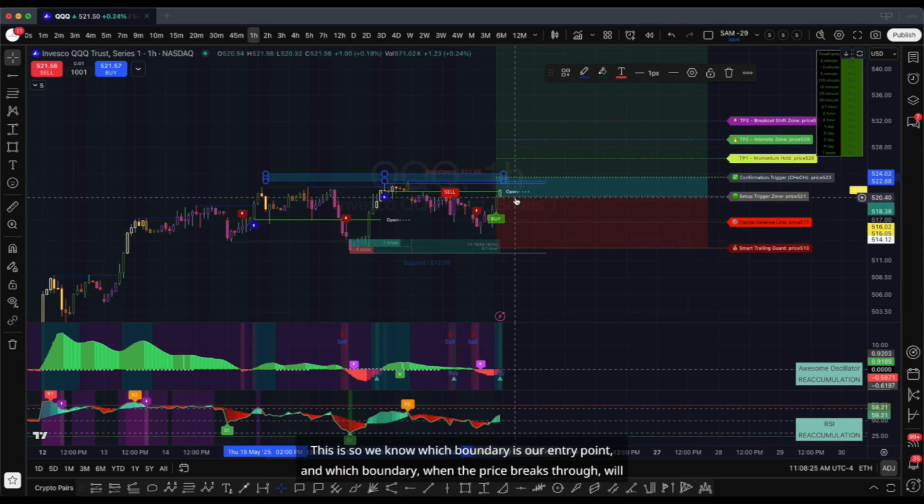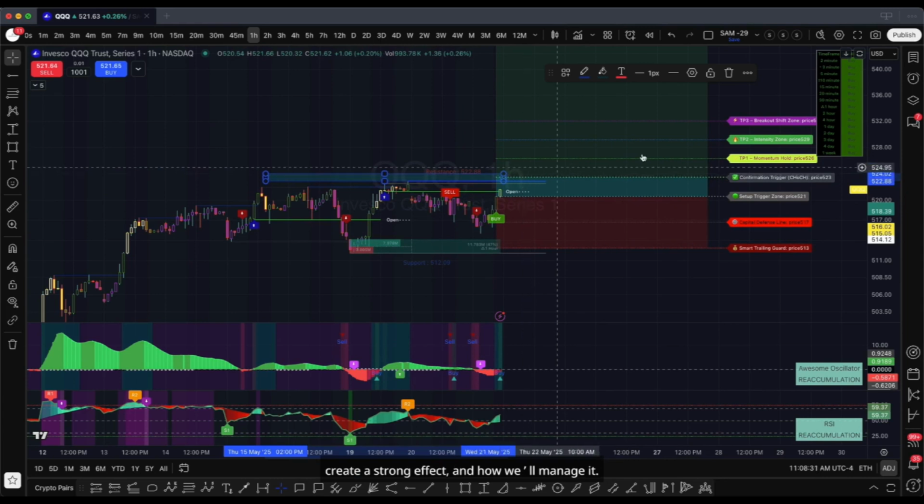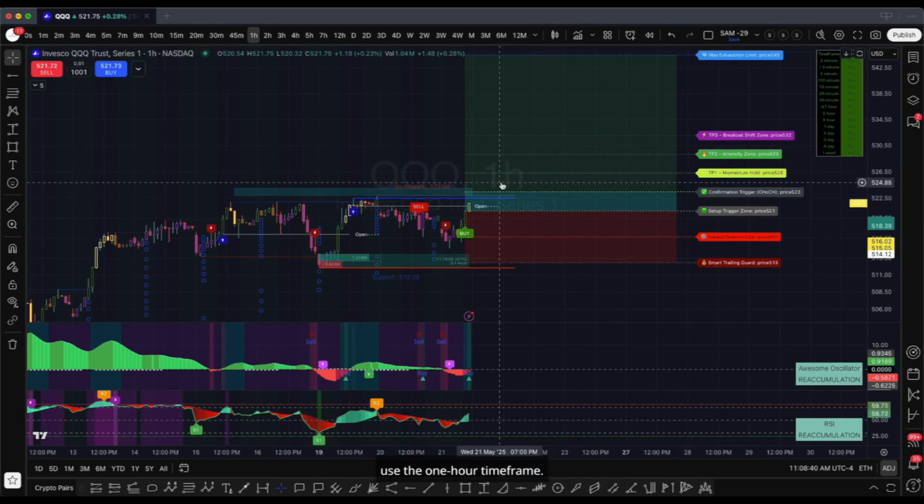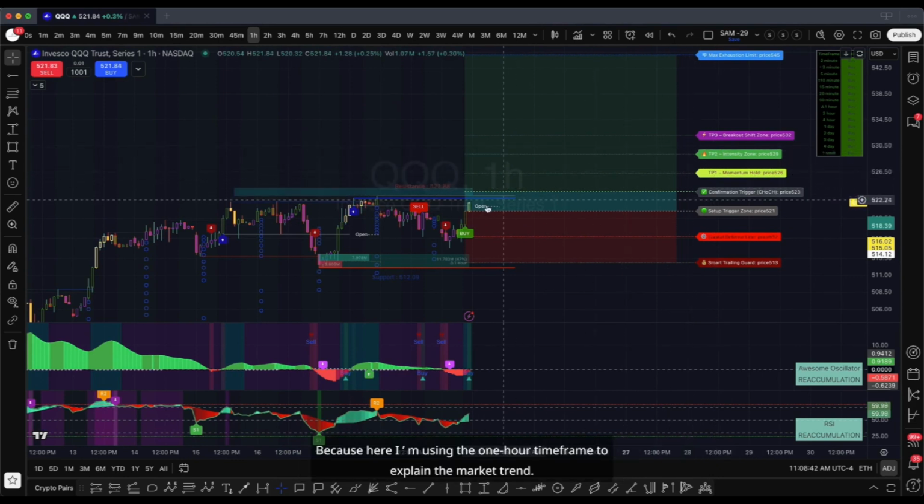This is so we know which boundary is our entry point and which boundary, when the price breaks through, will create a strong effect and how we'll manage it. So here, depending if you trade stocks, you might just look at the trend or something like that. So you can use the 1 hour time frame, because here I'm using the 1 hour time frame to explain the market trend.